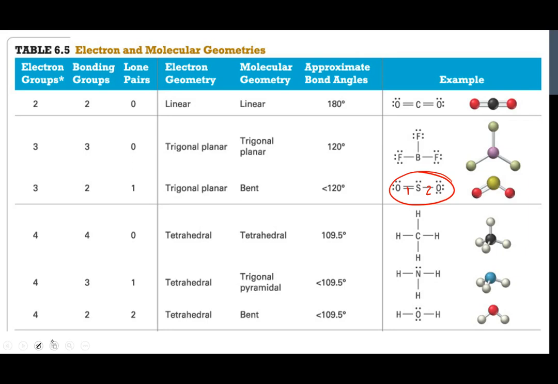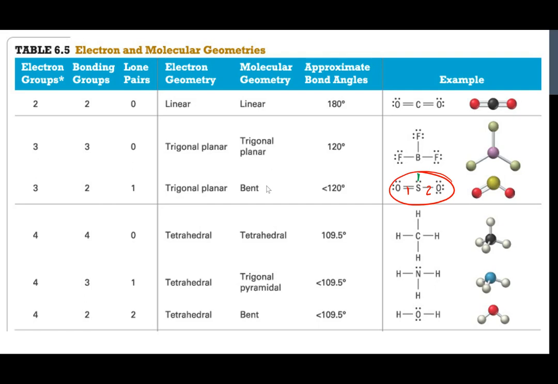And then I see, let me just switch colors here, I see 1 lone pair. Okay, so 2 bonding groups, 1 lone pair. So they'll come over here and they'll say bonding groups, 2, lone pairs, 1. This is the geometry for that particular molecule. So electron geometry is trigonal planar. Molecular geometry is bent. Okay.